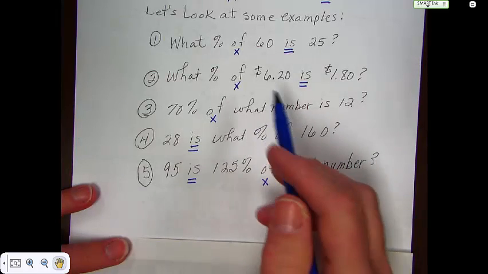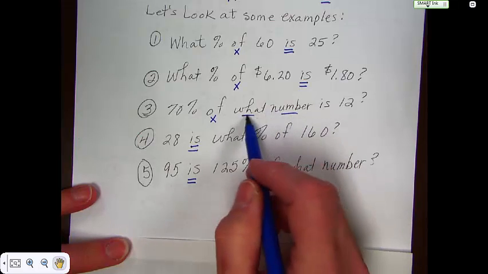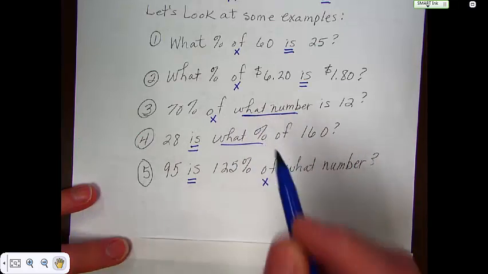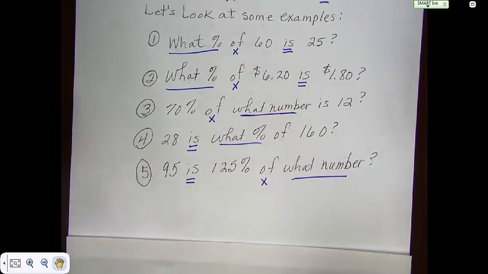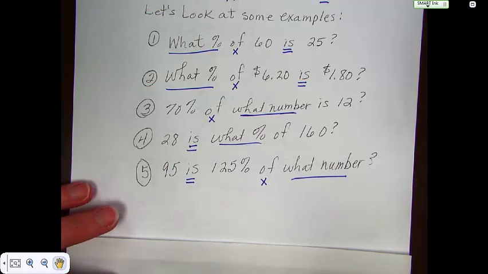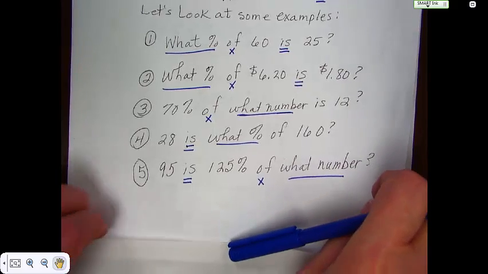Anytime they say what number or what percent, that's what you don't know, so that is your variable. So remember, turn percents into decimals, put multiplication in for of, equal in for is, and wherever you see what number or what percent, that is your missing term. That's your variable.